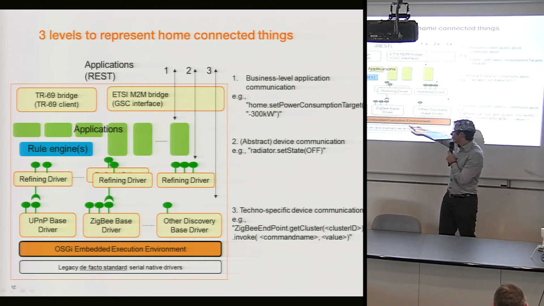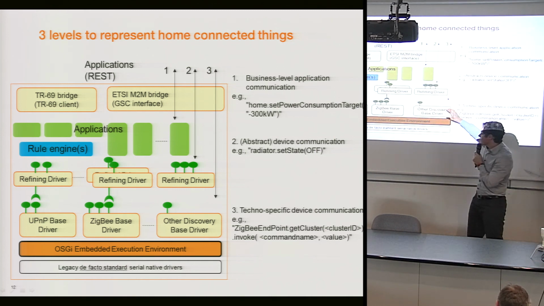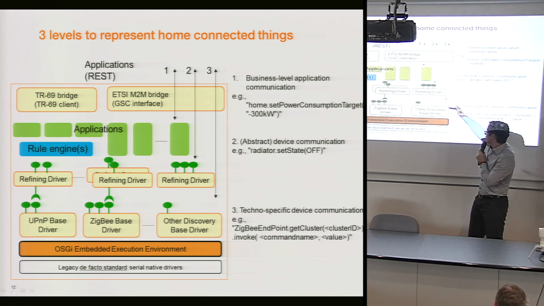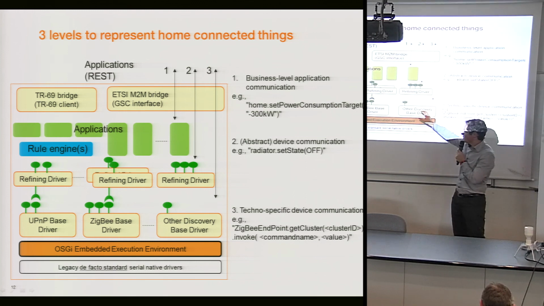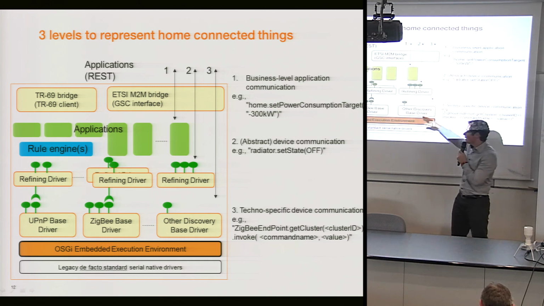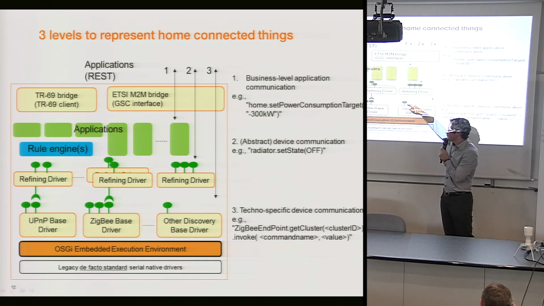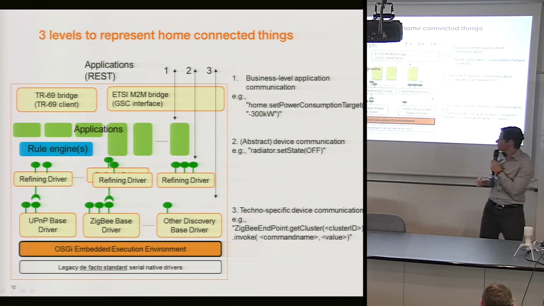Then all the messages coming from the serial drivers are treated by those base drivers. Here we have a layer of base drivers that is only making the first step for the abstraction. We have a base driver for every technology that enables mirroring the availability of devices like the services available in the service registry, and we have some details about that in the next slides.